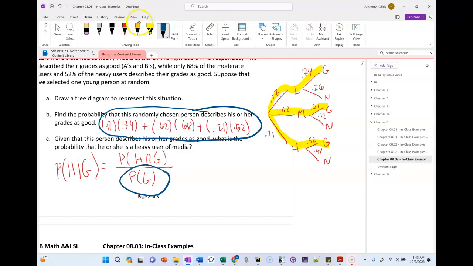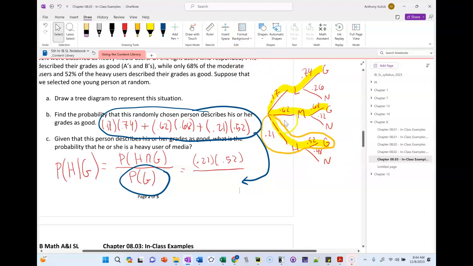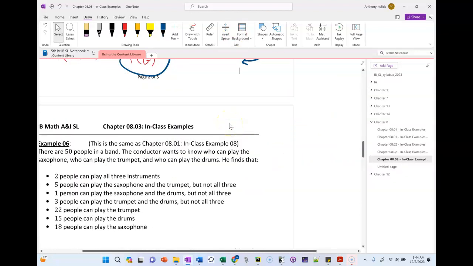How do I do probability of H and G? Just that path, right? That's H and then G. Does that feel okay? We're going to need some practice on this, guys.